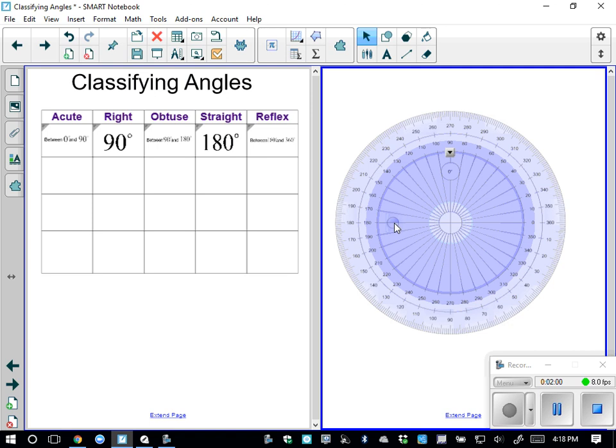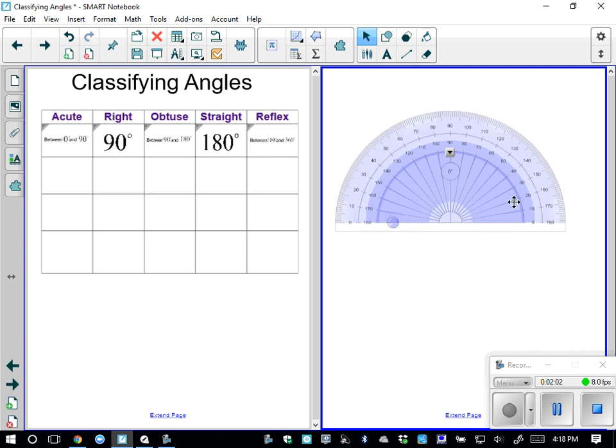So I'm going to start with an acute angle. If I make an angle that is acute, it's going to be a smaller angle that is between 0 and 90. So any angle in here, for example, I can just look at that angle, and this is kind of a nice tool.